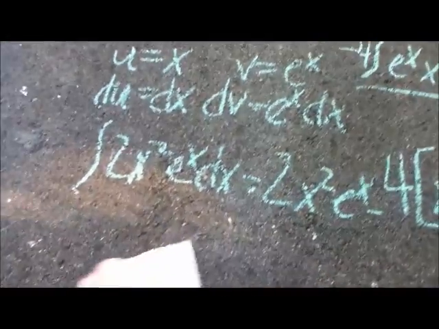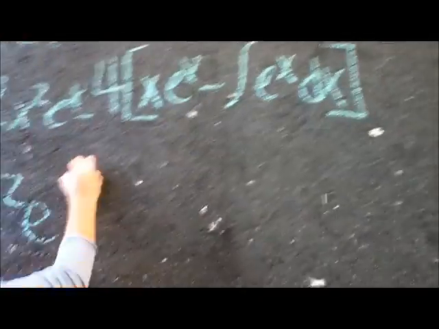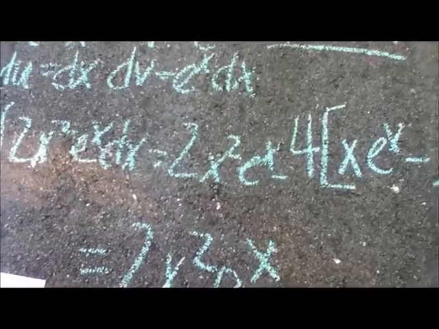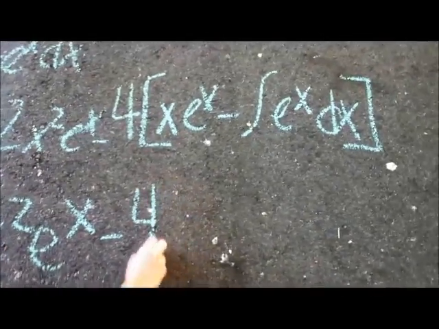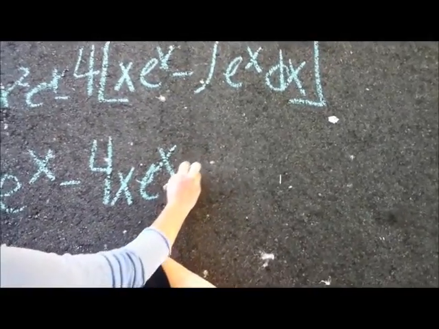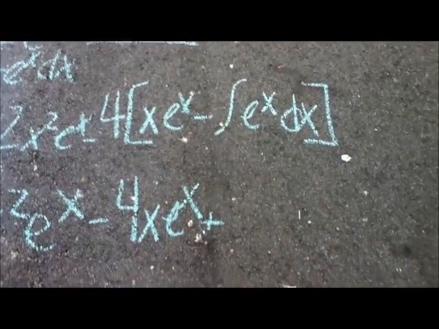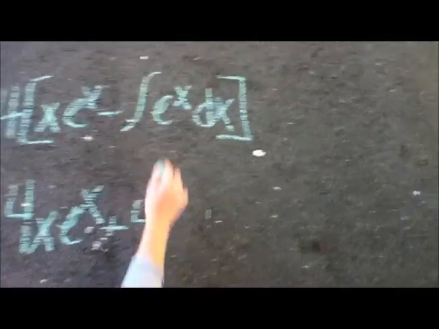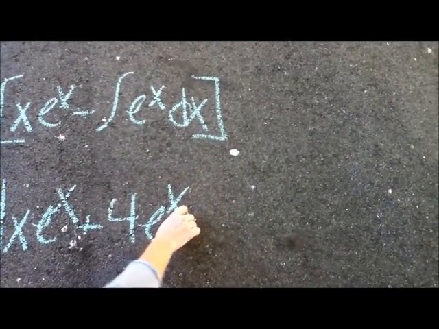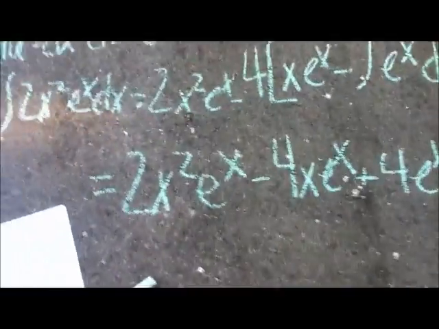So this ends up equaling 2x squared e to the x from right here, minus 4 times x e to the x, plus, because of this minus right here and this minus right here, 4 times the derivative of e to the x, plus your c. Now again, I want you to pause this video and do exploration number 5 on page 346.